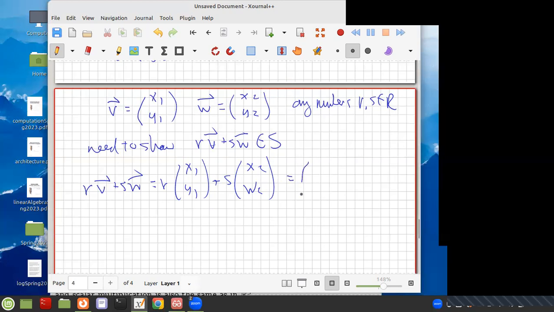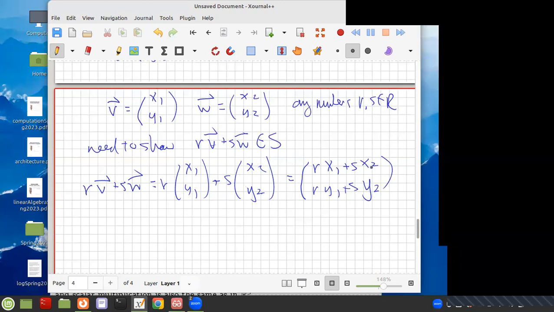And if you do that, what you get is (RX1 plus SX2, RY1 plus SY2). Do you see? So I multiplied by R and S, then I added.